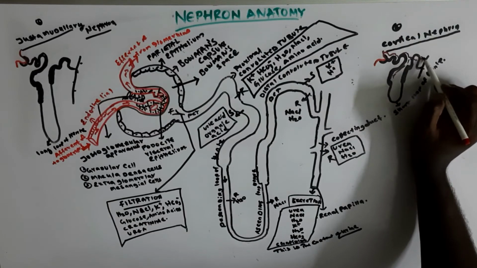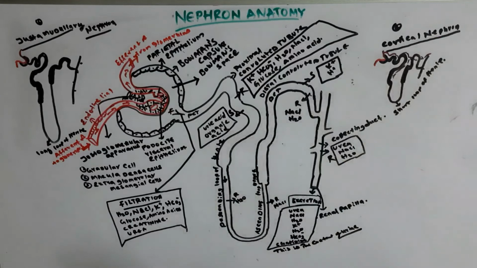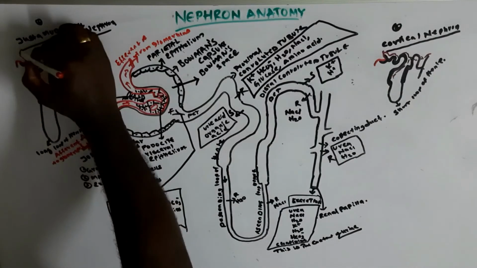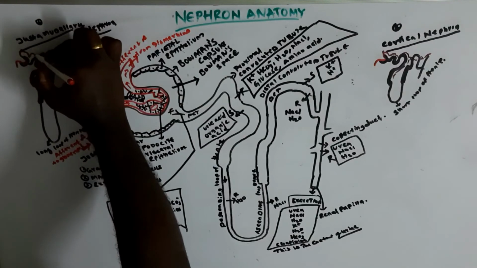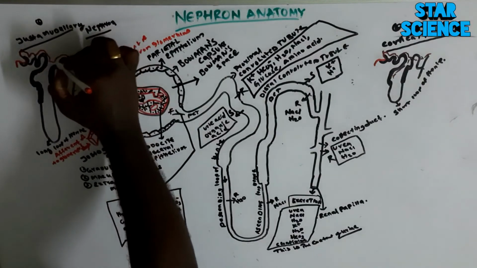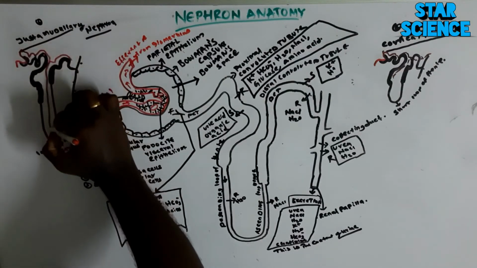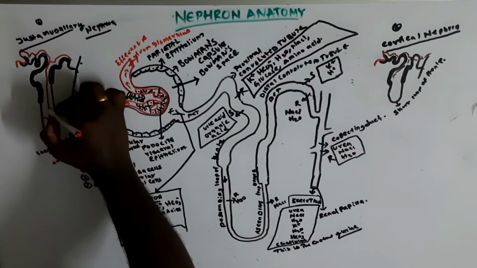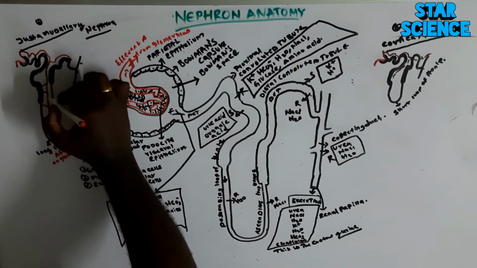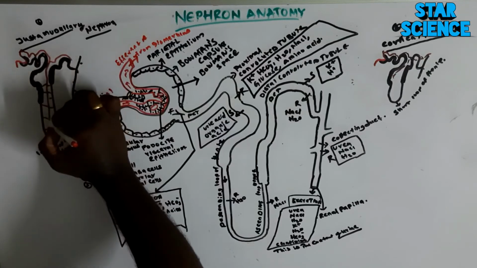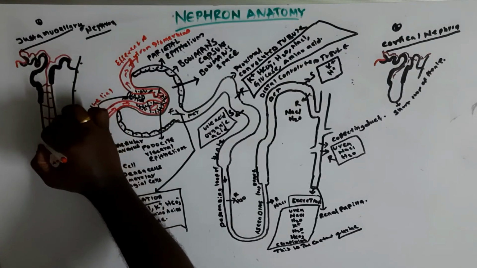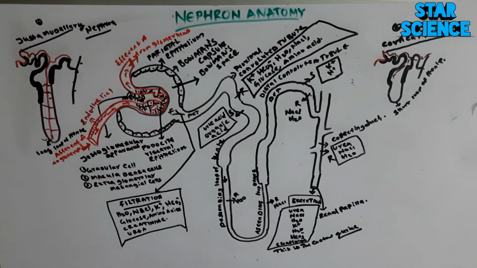Right now I'm going with the blood supply in the cortical nephron. So after afferent, when it reaches the efferent, it starts giving the blood supply to all the parts. Because it's very short, there is no need for anything in between, but it directly gives the blood supply to the PCT and all the parts of the nephron.